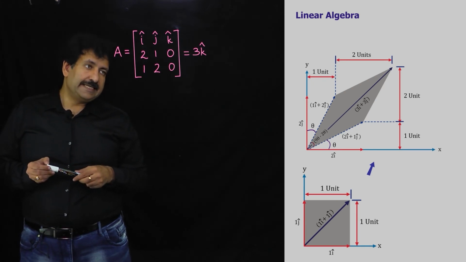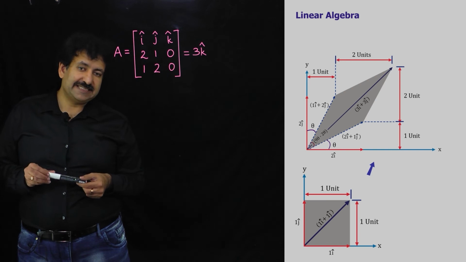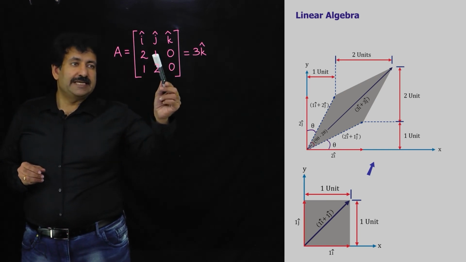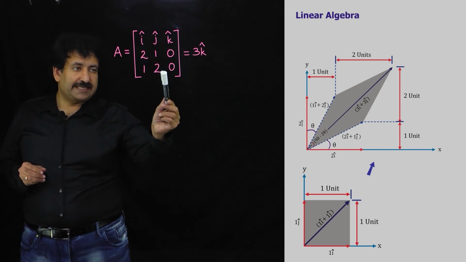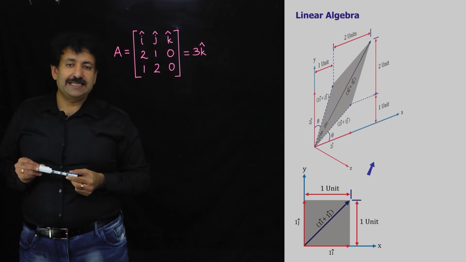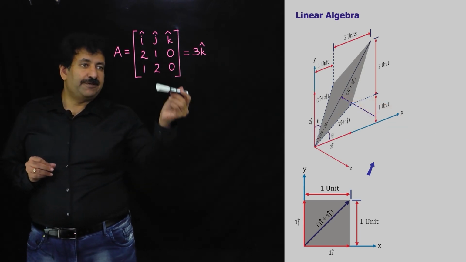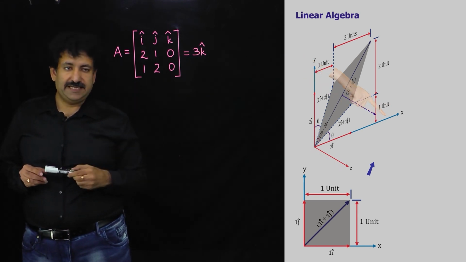If you are interested only in the magnitude, the direction doesn't matter, but if you are interested in the direction of the area, then if the transformed x vector occupies the second row and the transformed y vector occupies the first row, you get a negative value. That means the normal of the area is into the plane, and for this particular arrangement, the normal of the area is out of the plane.